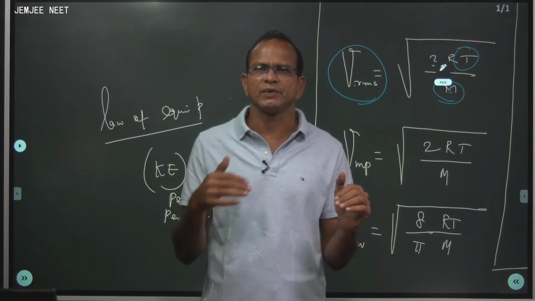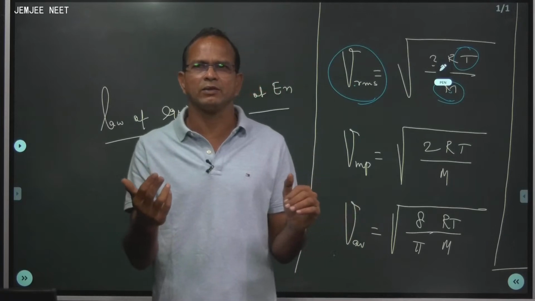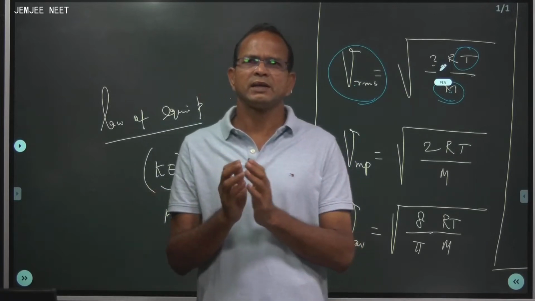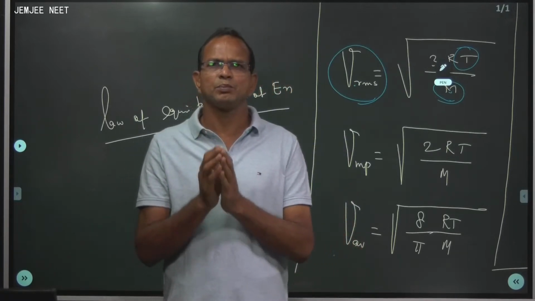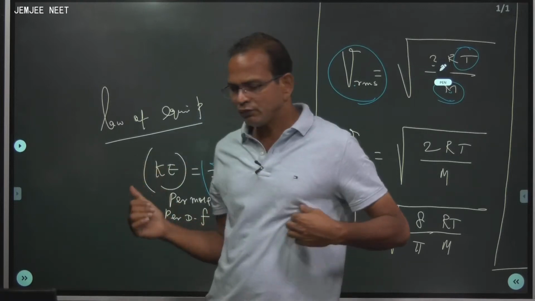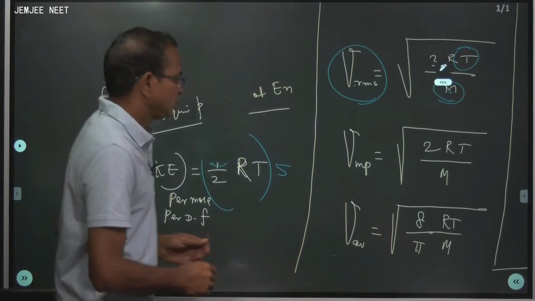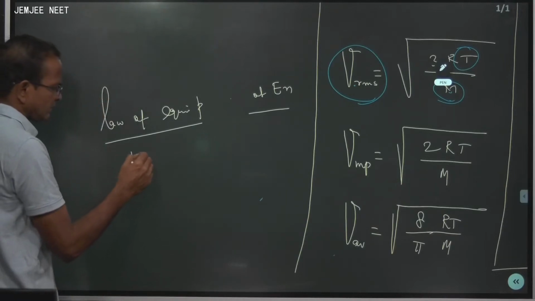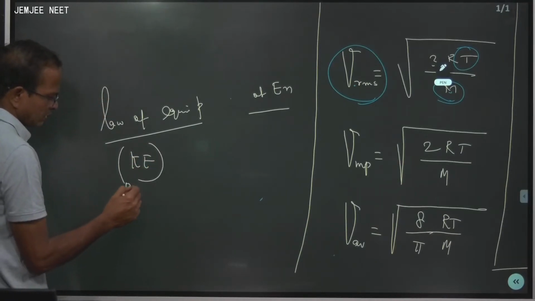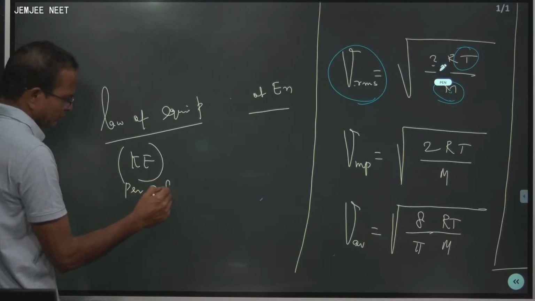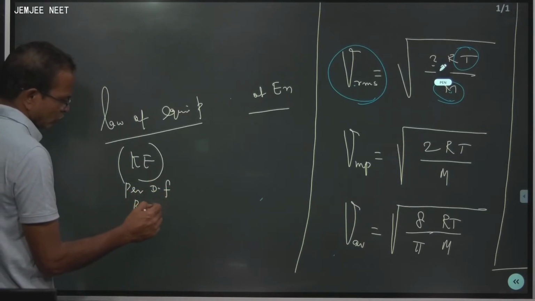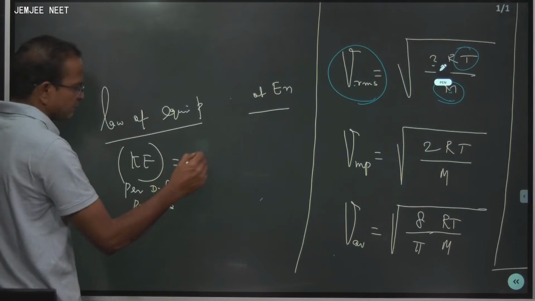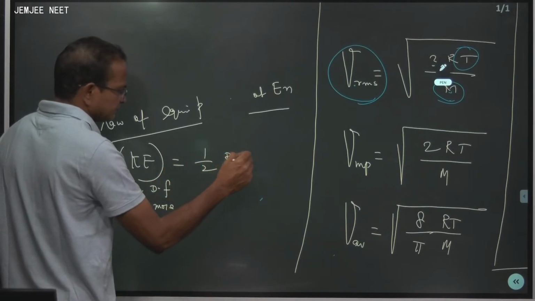The other way around, the kinetic energy associated per degree of freedom per mole is ½ RT. So I will write here clearly, kinetic energy per degree of freedom per mole is simply ½ RT.